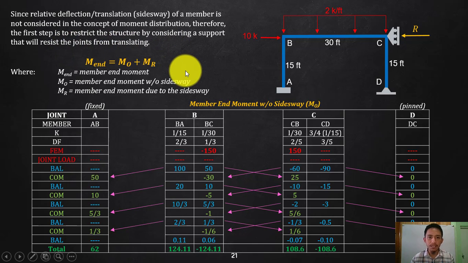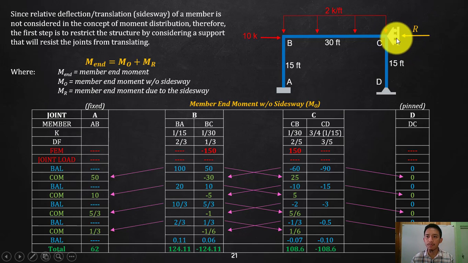So, for us to apply your moment distribution concept, we should first try to resist the Sidesway. Okay, so how will I do that is to apply what we call an artificial support. Yes, we call it artificial because actually that is not there, or dummy support.